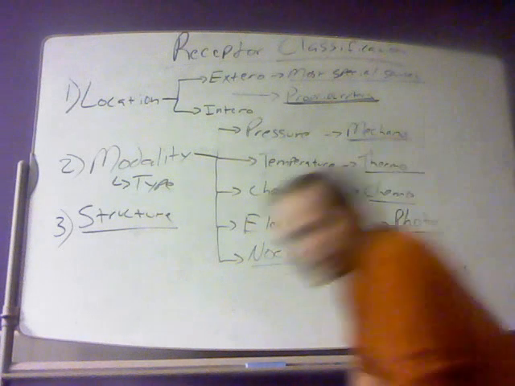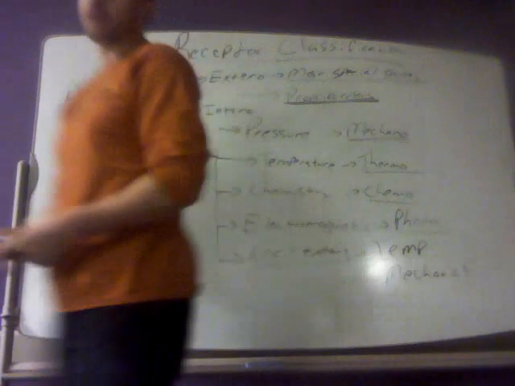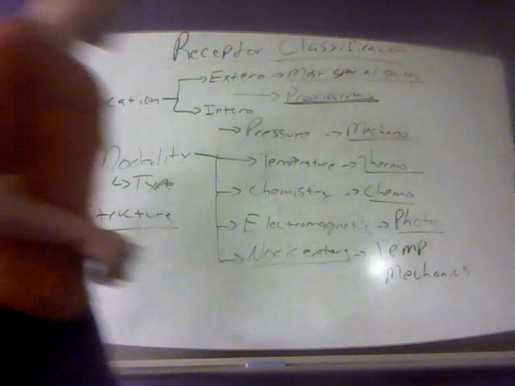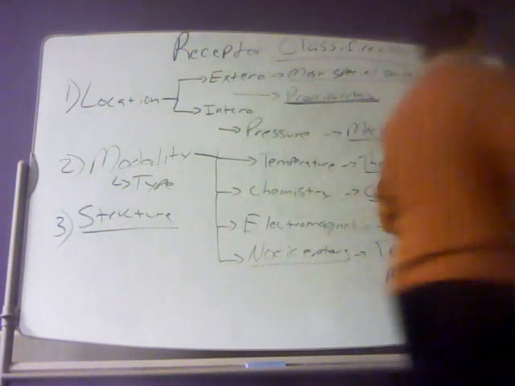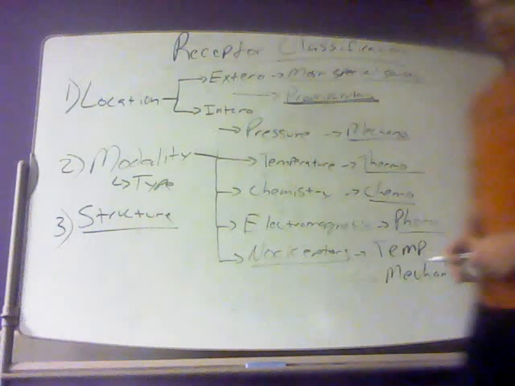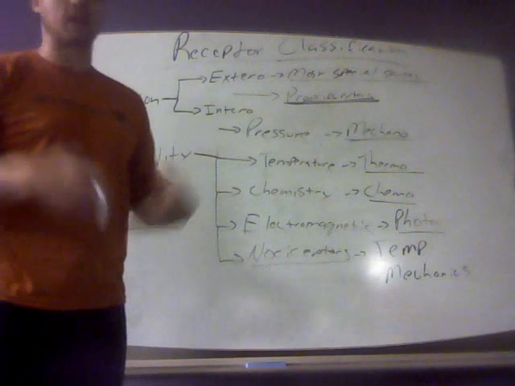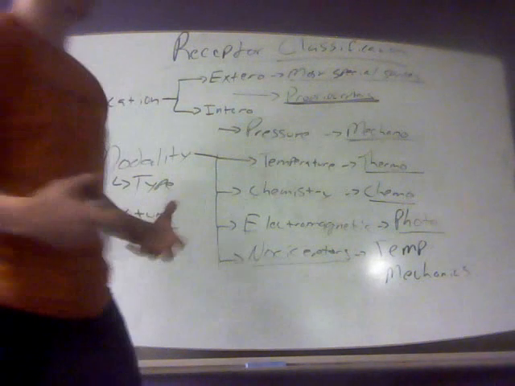Pain, basically. So they're sensitive to damaging stimuli, and you find nociceptors primarily in the skin, and in the connective tissue capsules around your viscera, or your internal organs.